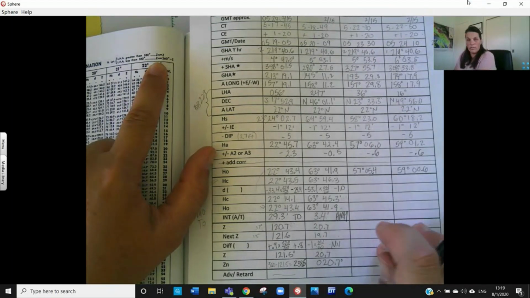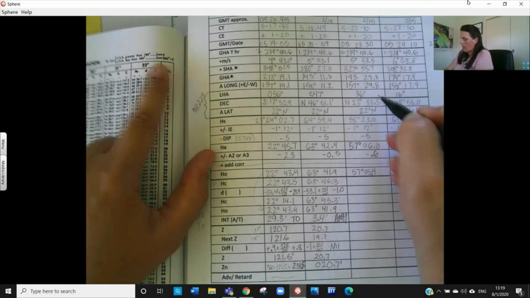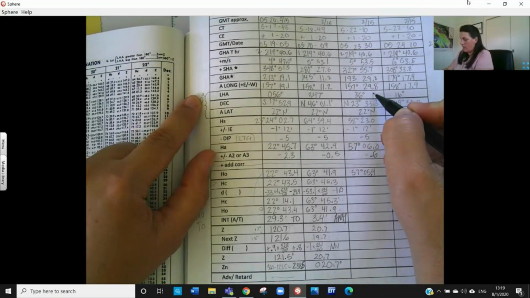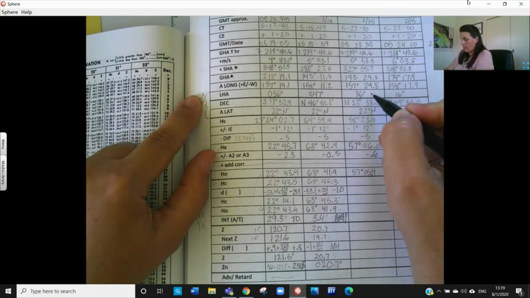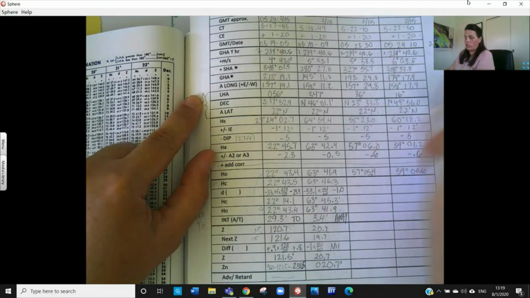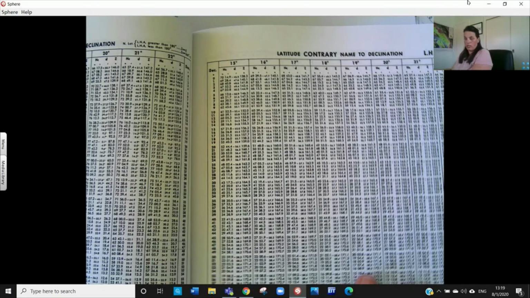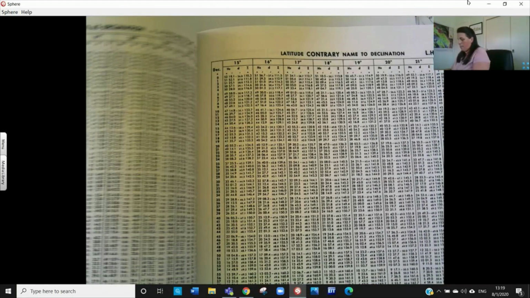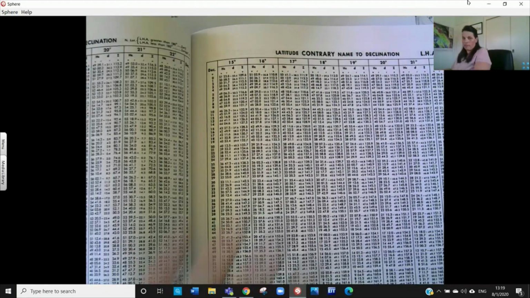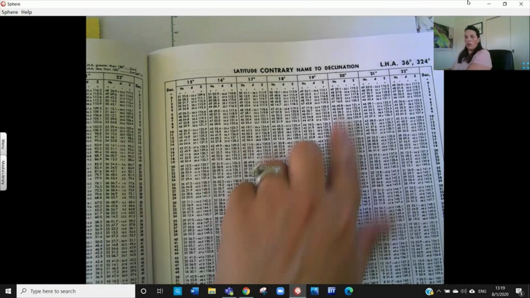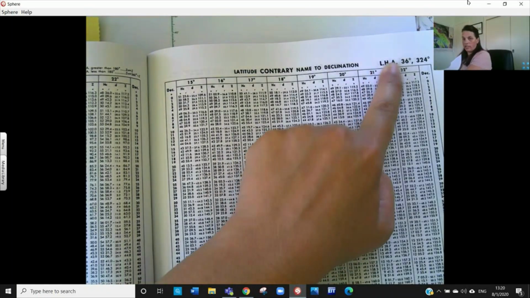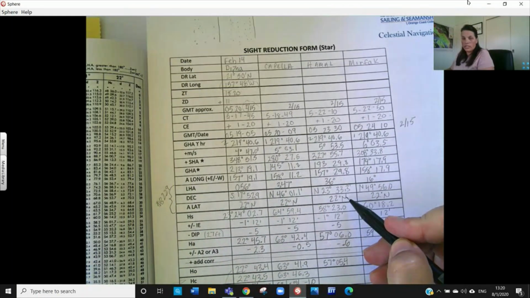Now we're going to do Hamal. LHA here was 036, latitude 22. So let's find 36. Okay, I have an LHA of 36 here, but I need to decide if I am contrary or the same.